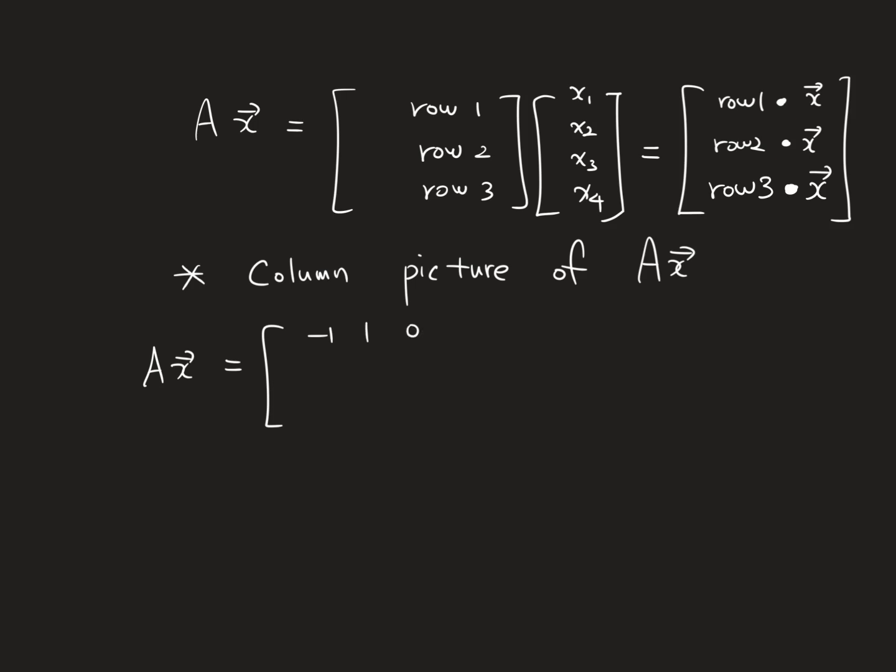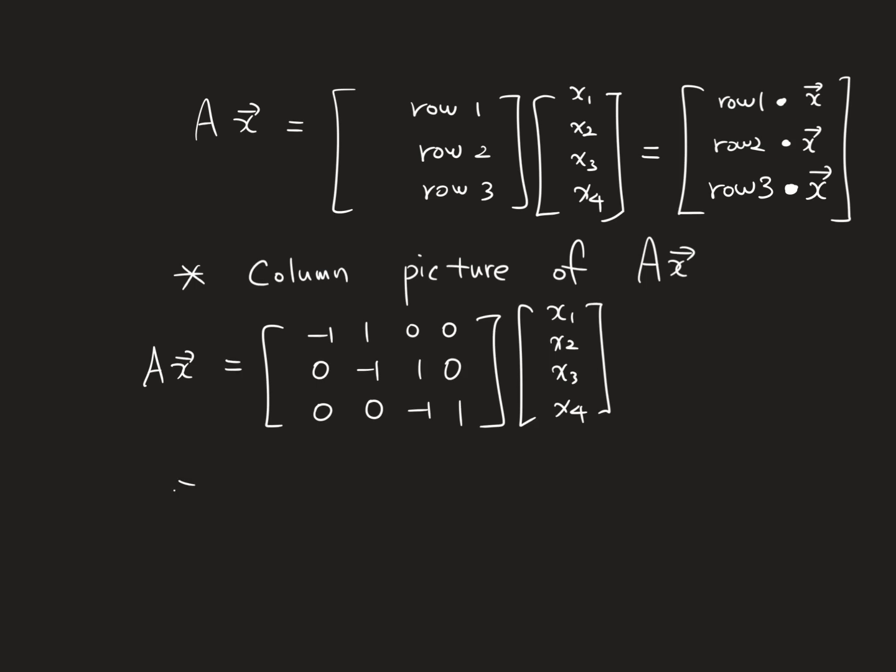We use the same difference matrix in this example, with x1, x2, x3, x4. Now we're going to use the column way.